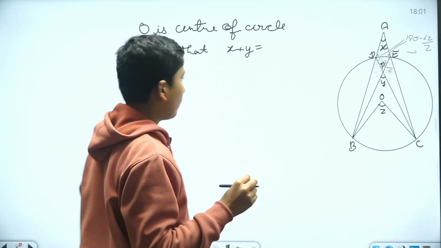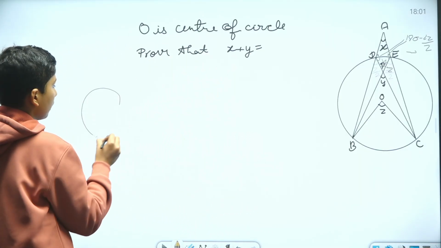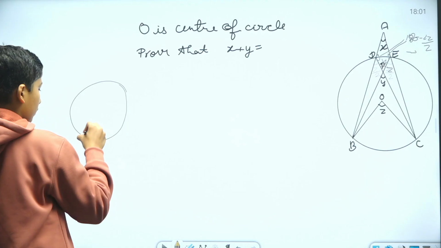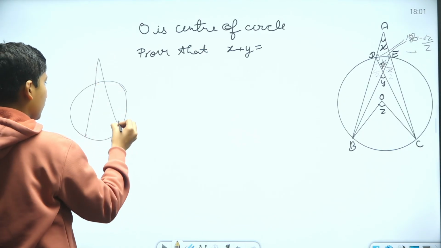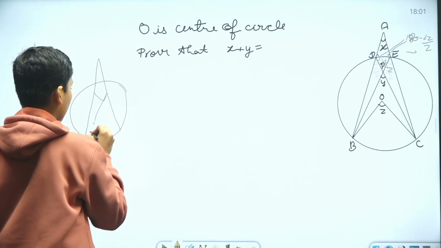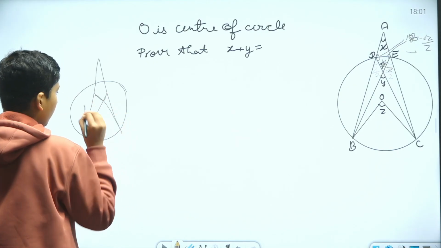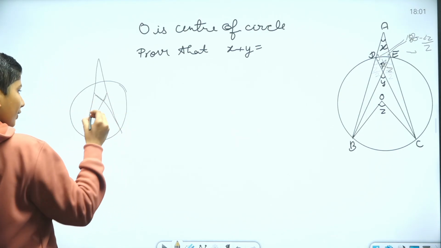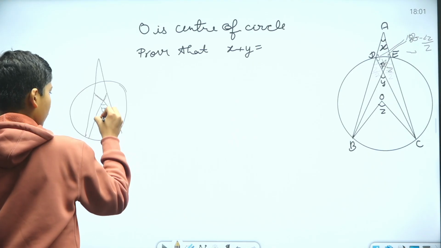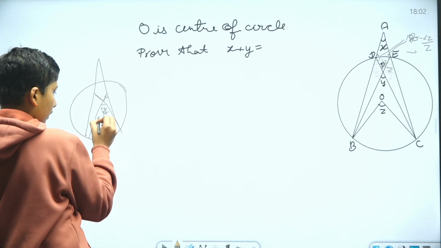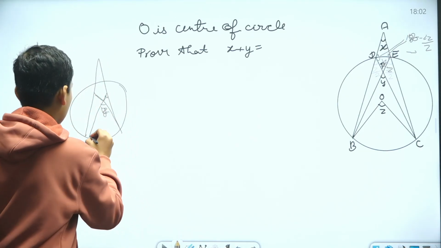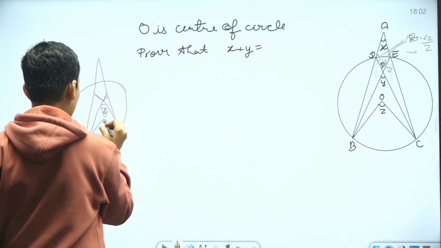Now I will explain you. See, this is the circle. This is the triangle over here. Okay. Now the figure is very bad, don't mind it. This is y, and this is the center angle z.